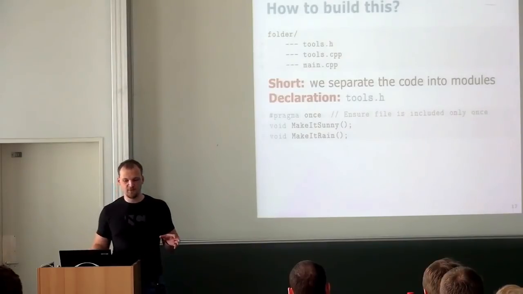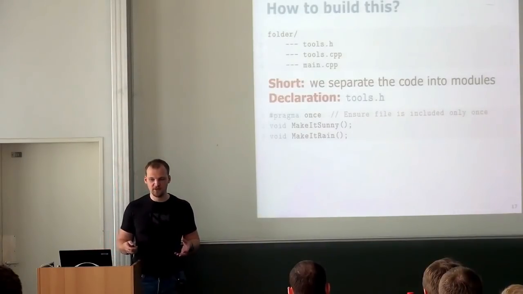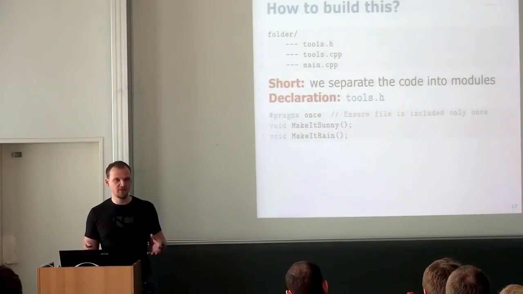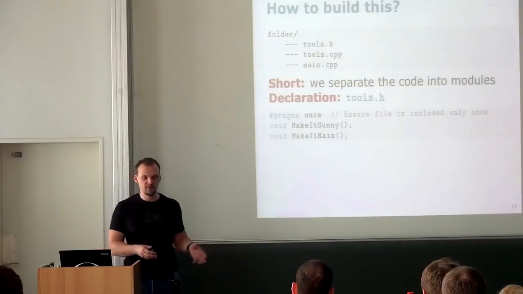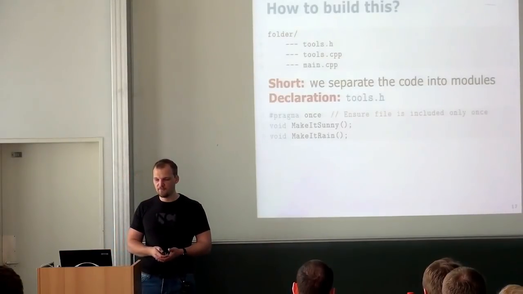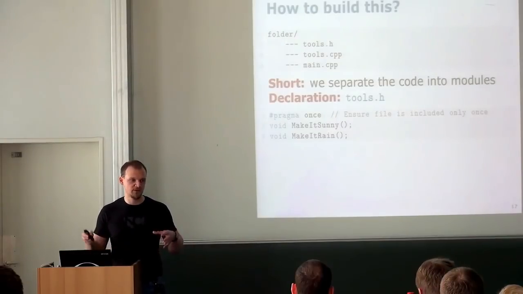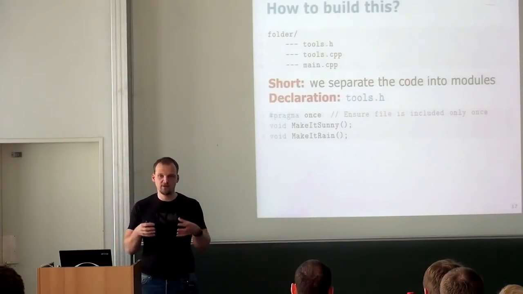The problems start when we want to build it. So the building process becomes a bit harder if we do it just in the same way as we did before. The idea is that we separate the code into modules. They are logically bound together things.